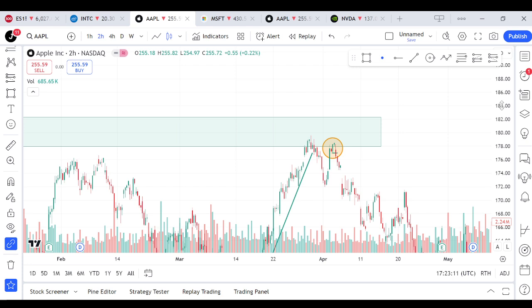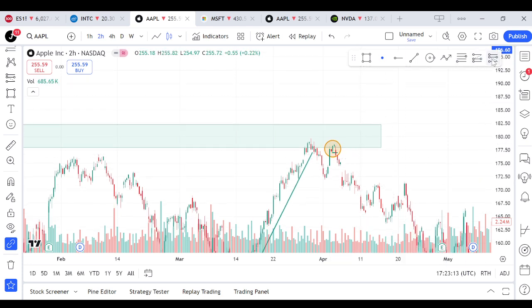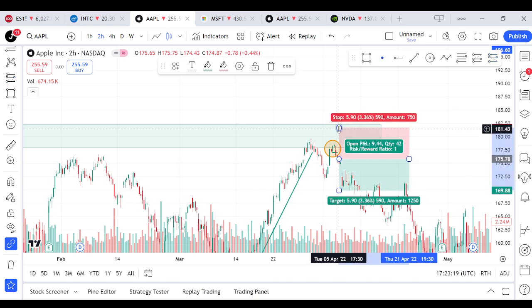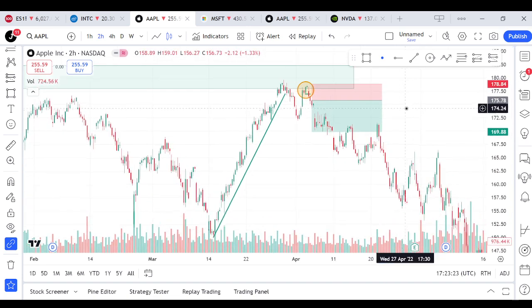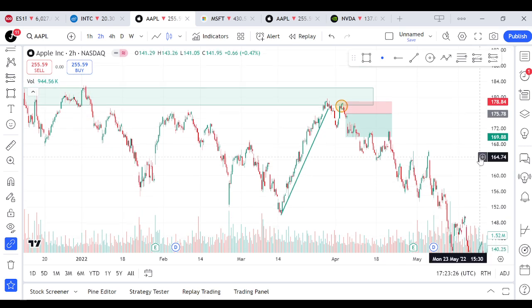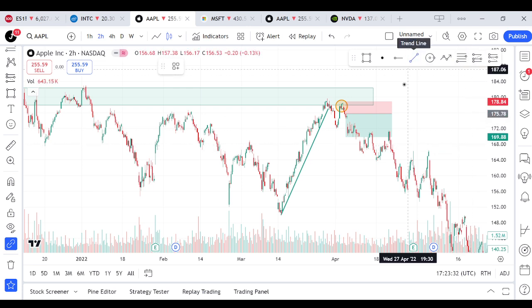Looking at this, we can look to place our short trades at the close of the next candle with our stop losses above the high of the entire pattern. And we can set our take profits at the nearest significant support level or previous swing low.